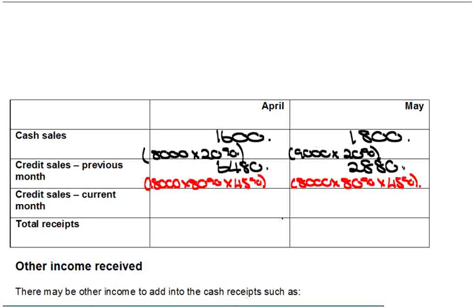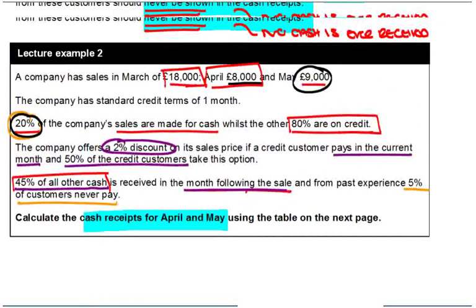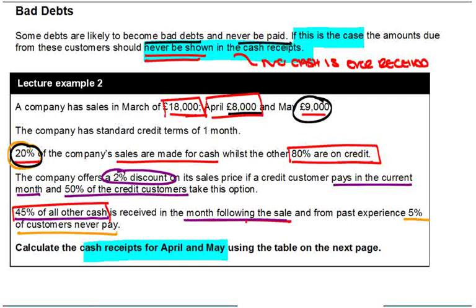Finally, let's deal with those credit sales that pay in the current month, i.e., they're taking advantage of the discount. So if they're going to pay in the current month, and I'm interested in April, it's going to be April sales that I'm interested in.